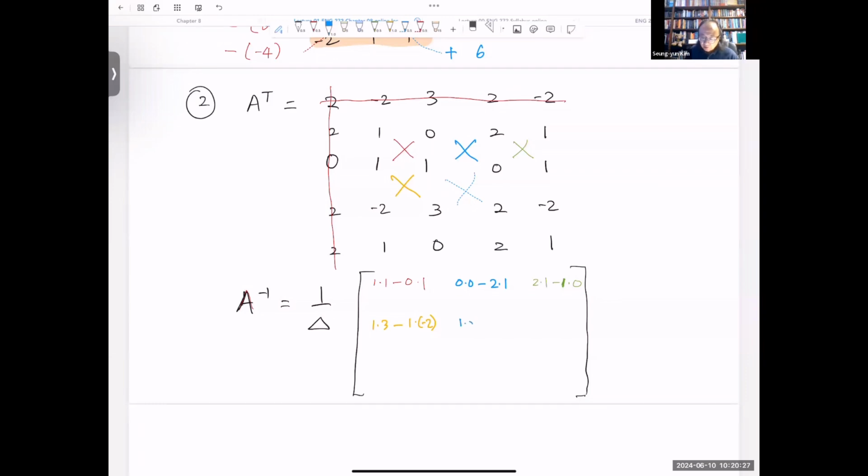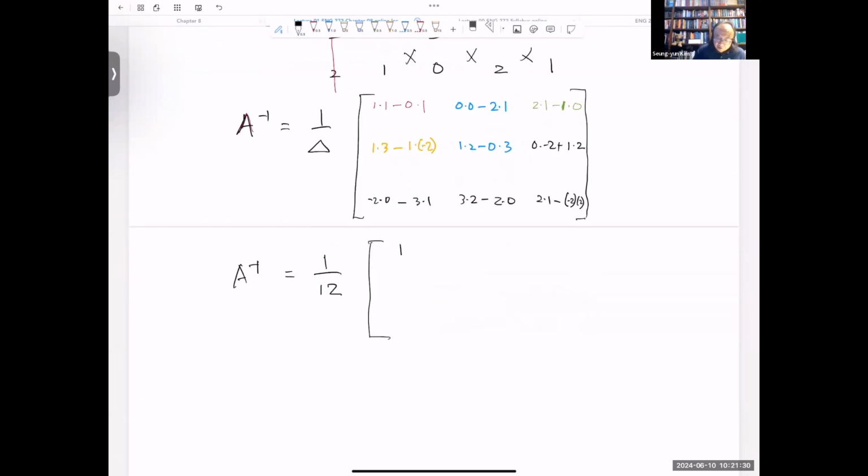AD, 1 times 2 minus 0 times 3. So AD, 0 times negative 2 minus BC, 1 times 2. And the third row for these, AD, negative 2 times 0 minus BC, 3 times 1. AD, 3 times 2 minus BC, 2 times 0. AD, 2 times 1 minus 2 times 2.